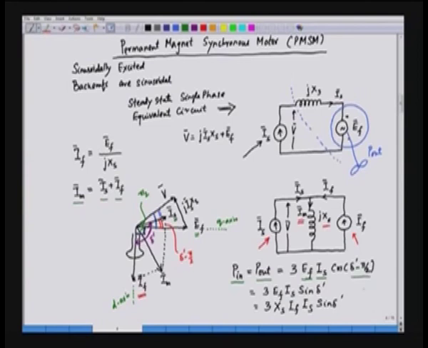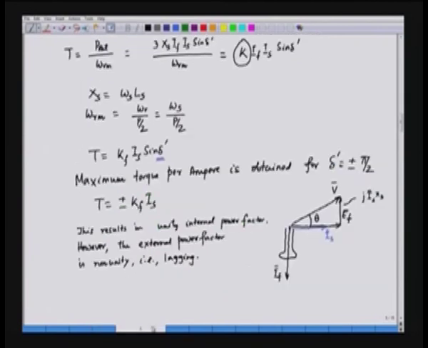If we simplify that, what we obtain is 3 XS IF Is sin delta prime. So, the power is proportional to sin of delta prime, and if we change delta prime, the power will change. What is the torque? Torque is power divided by the mechanical speed. Torque is equal to P out divided by omega Rm, the mechanical speed.